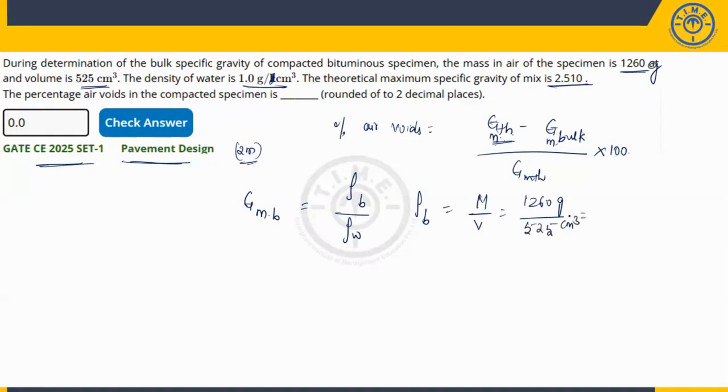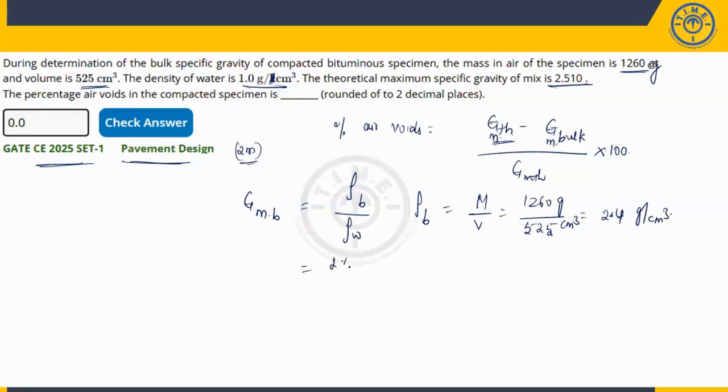What is the density? Tell me. Vijayalata, Tangaveni, Ashika, Perarasu, Srinivashini, Adi, Anupriya, Ramesh. 2.4. Very good, Vijayalata. 2.4 gram per centimeter cube.